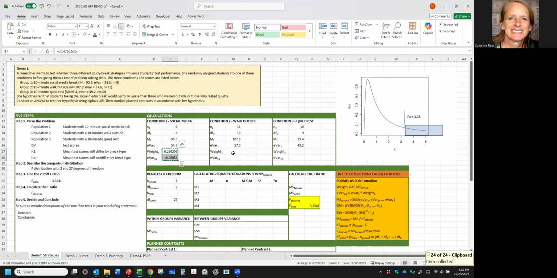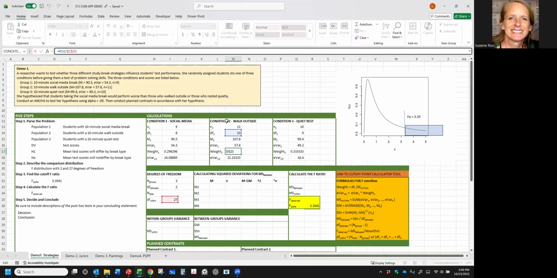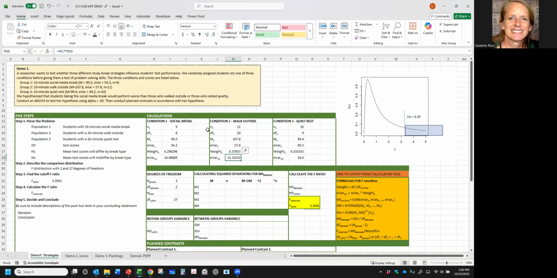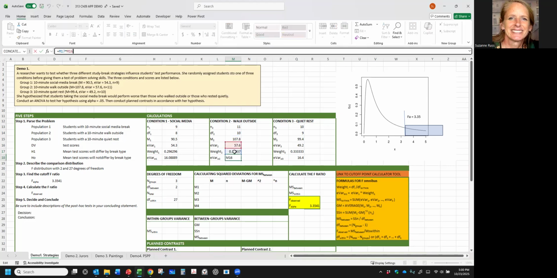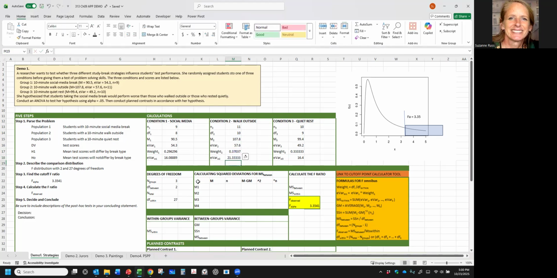Let's copy this and paste it over and check if our formula looks good. So we know that we wanted to take and divide our df2 by df within, which we did, and we knew we wanted to multiply these, which also looks good. So we're in good shape with these calculations. We can go down here to our within group variance.